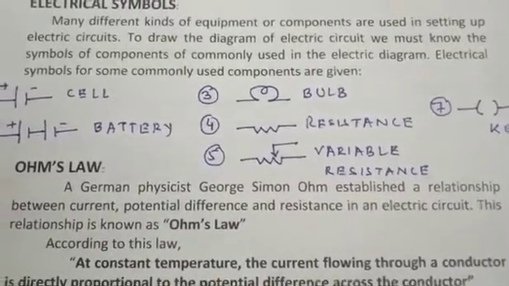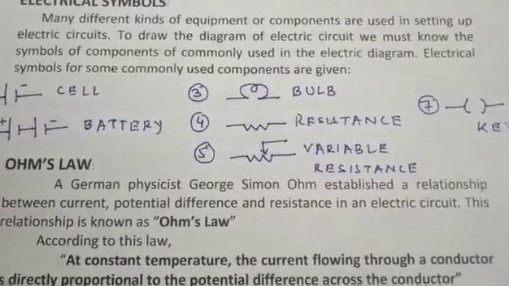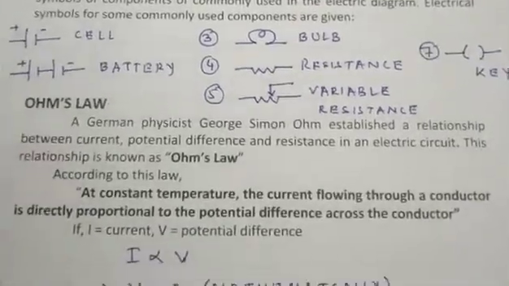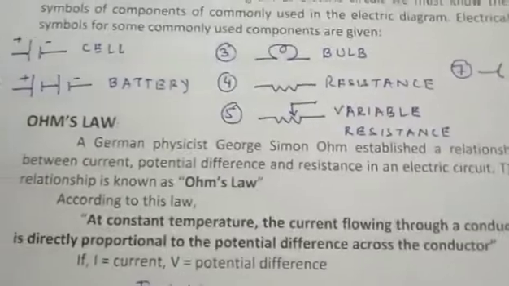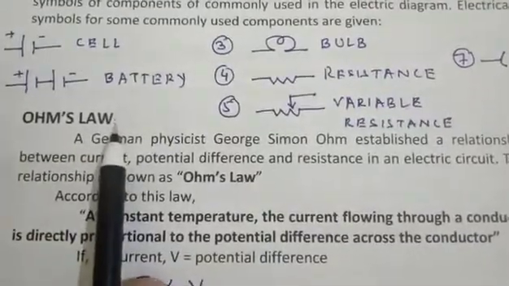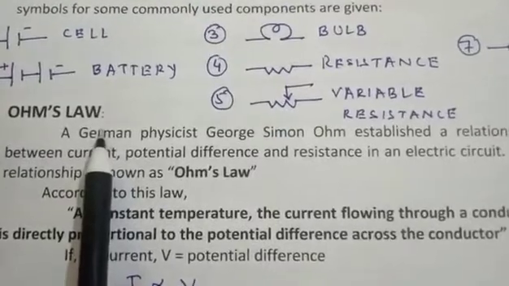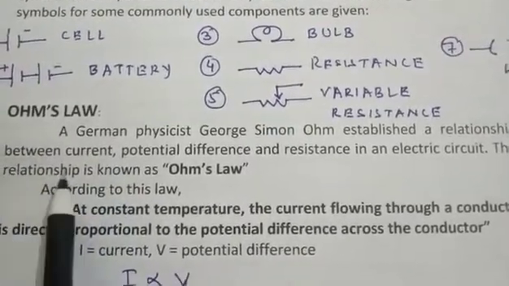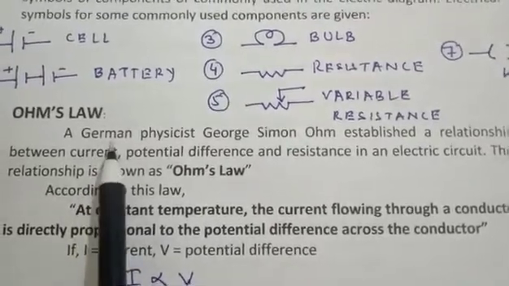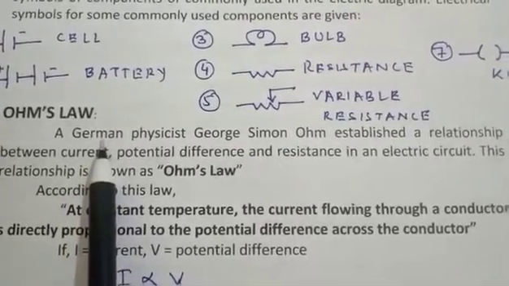Now I take up the next topic, which is a very important topic for your board examination: Ohm's law. It is very important for your future examination, so let me explain this law. First we must know about Ohm.